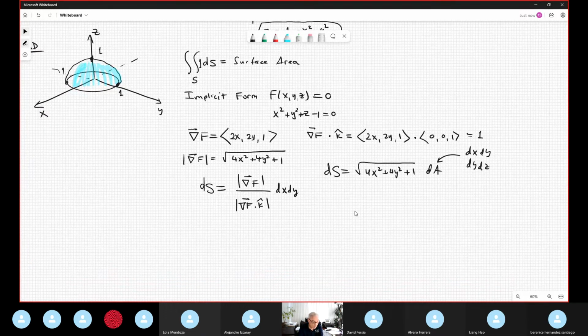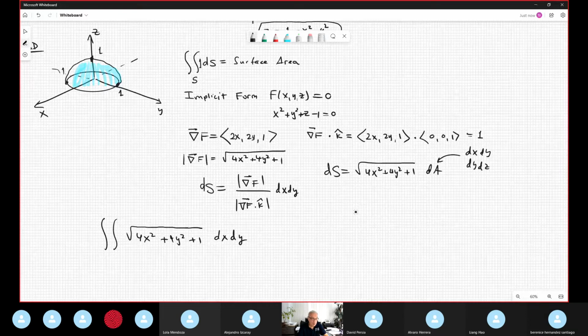So now, I set up the double integral. I know that the integrand function is 1, cool. So we have only dS. dS is the square root of 4x squared plus 4y squared plus 1 dx dy. And what about the region R? Who is the region R?